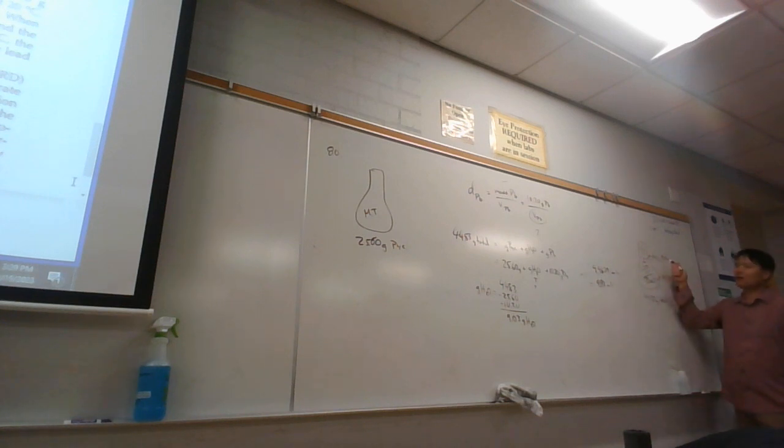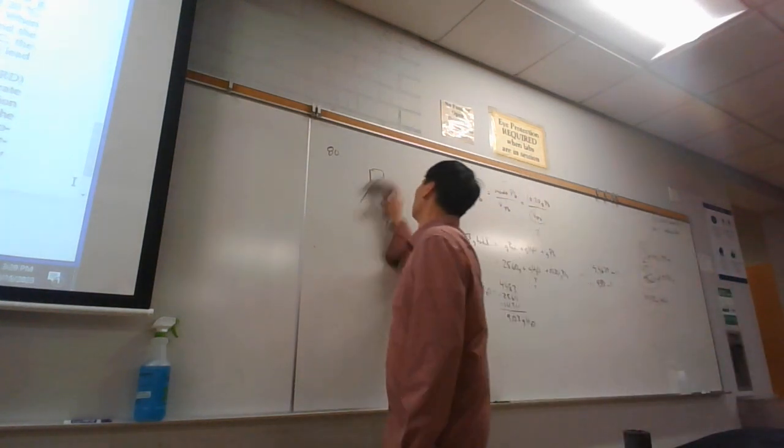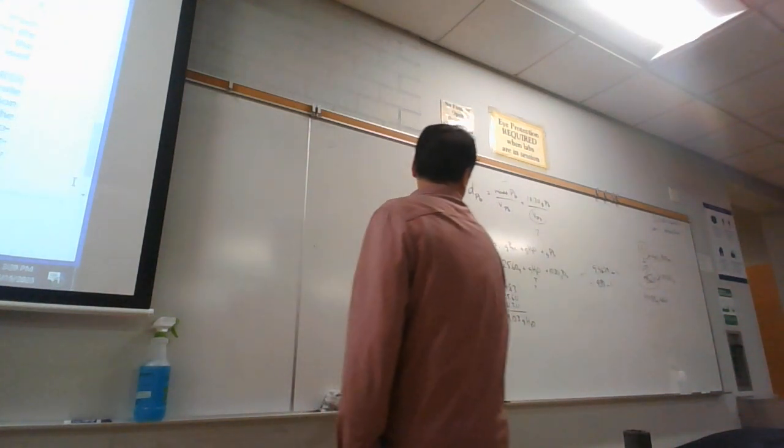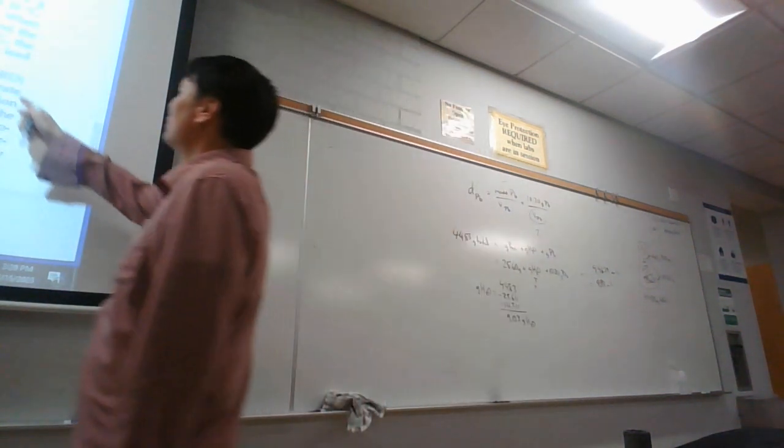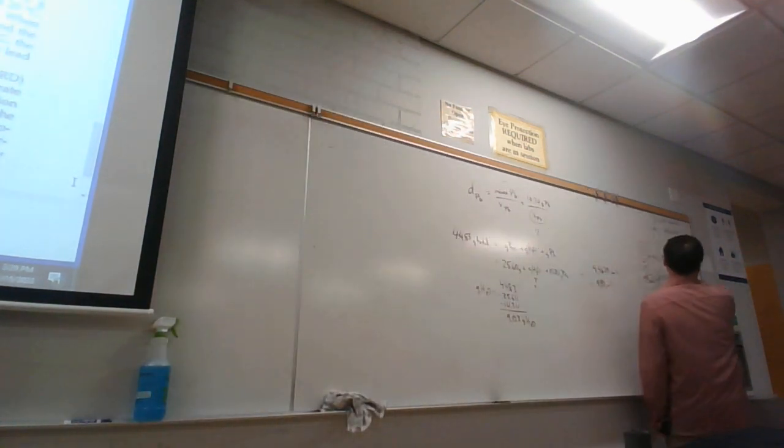Well, if I know how many grams of water I have, then I can figure out what the volume of water is by using the density. Let's go ahead and use the density of water as 0.9982. So I'm going to take my 9.03 grams and a milliliter per 0.9982 grams.